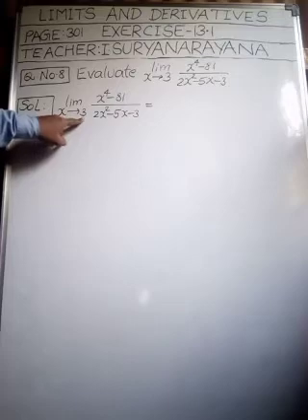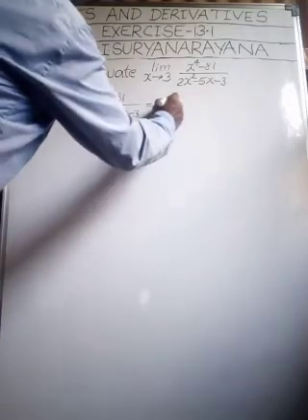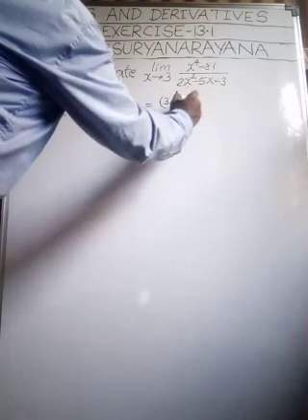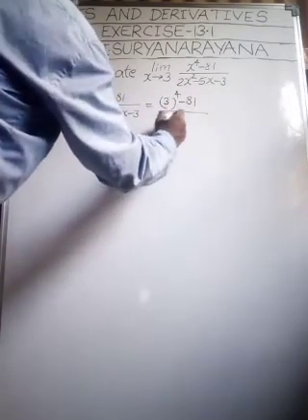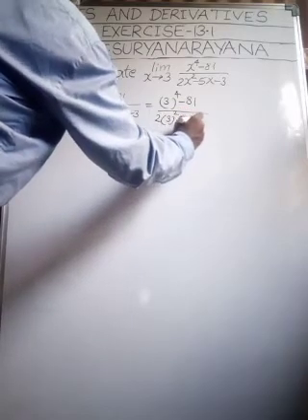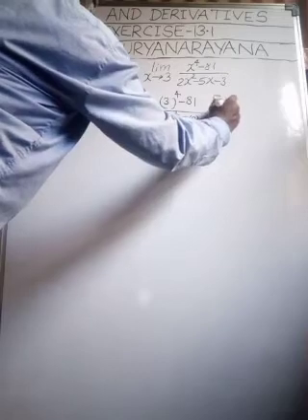3. So we substitute x equal to 3 in this function. Then what will you get? 3 power 4 minus 81 by 2 into 3 square minus 5 into 3 minus 3 by substitution method.